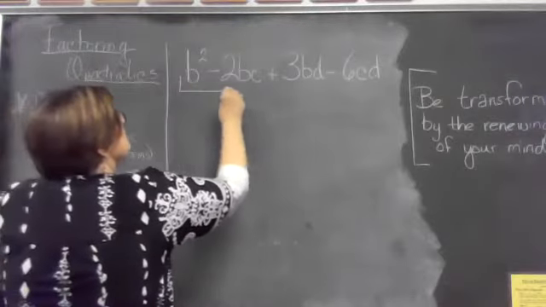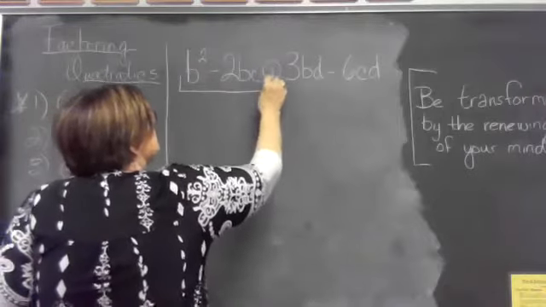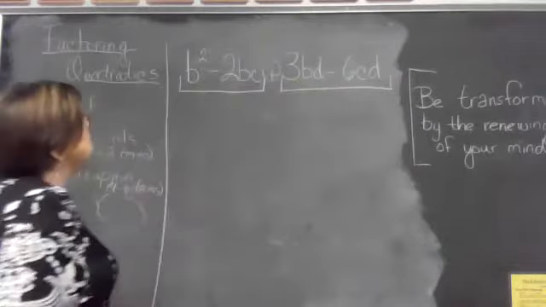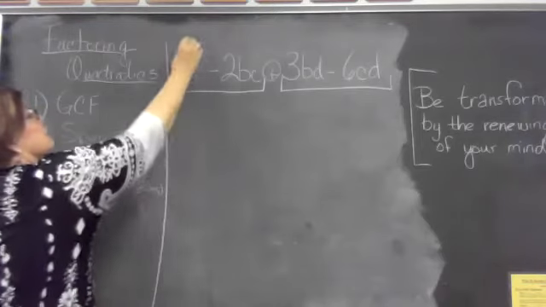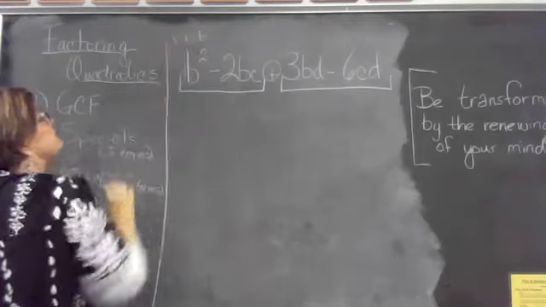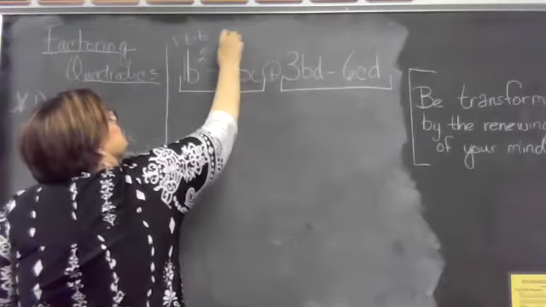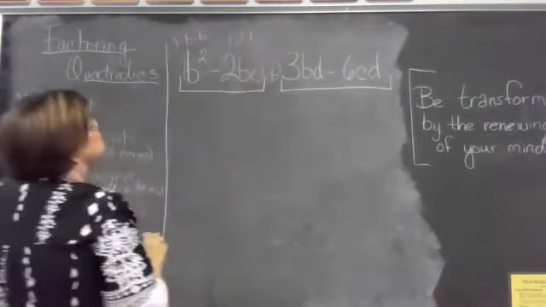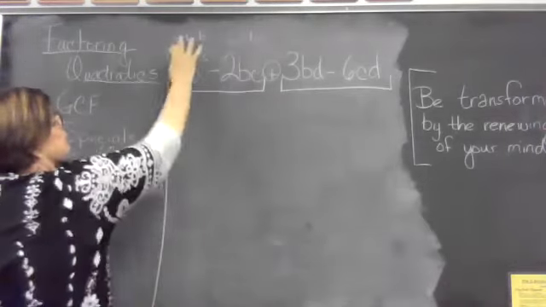I'm going to group this piece, and we're going to deal only with it. Here's the sign in between. And then we're going to factor that one. So when we look for a greatest common factor, here is B times B, and of course, there's the invisible 1. This one is 2 times our invisible 1 times B times C. So I want to know what is common in both of these terms.